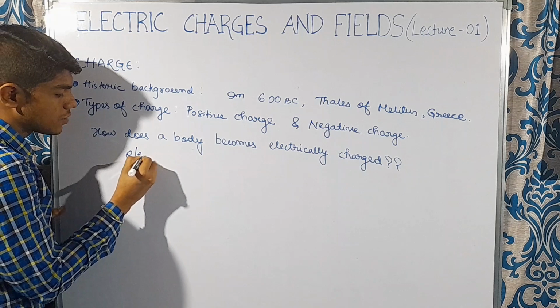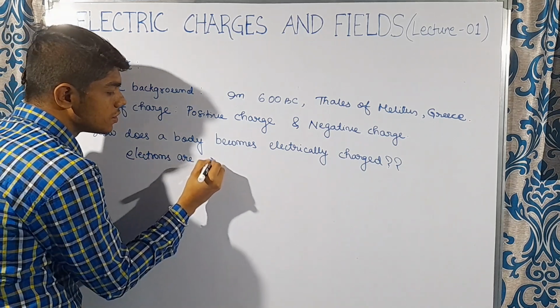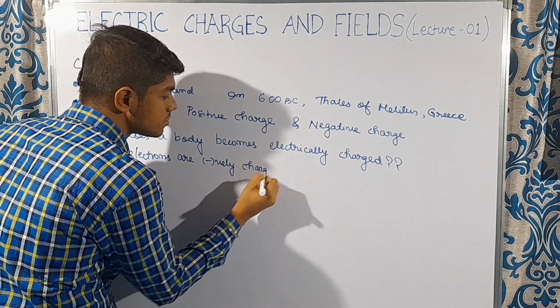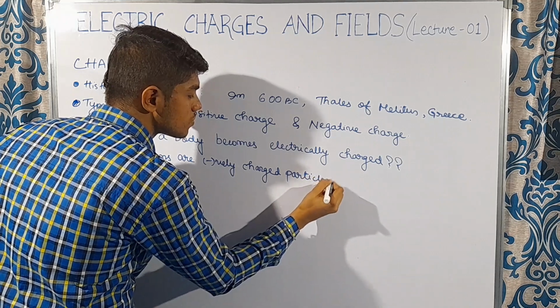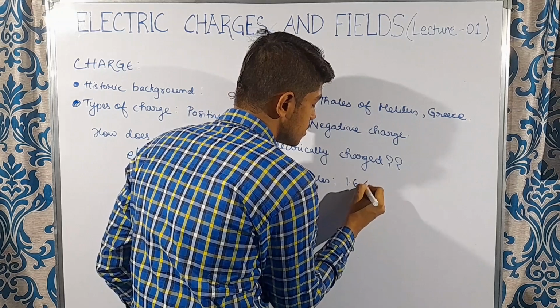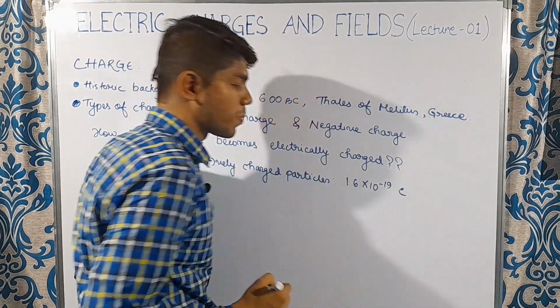The electrons are negatively charged particles. They have a magnitude of 1.6 into 10 to the power minus 19 coulomb.